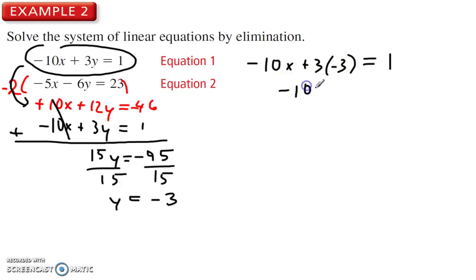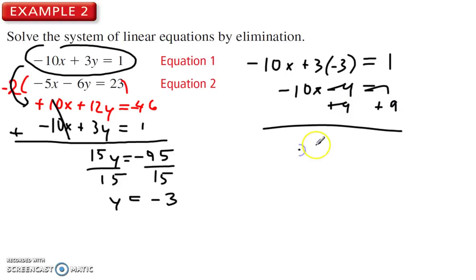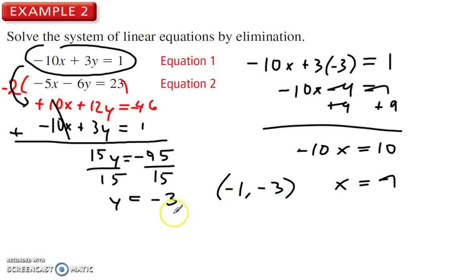So negative 10x minus 9 is equal to 1. Add 9 to each side. Negative 10x is equal to 10. Divide by negative 10, and x is equal to negative 1. So my ordered pair is negative 1, negative 3.